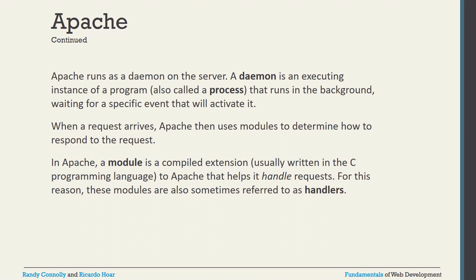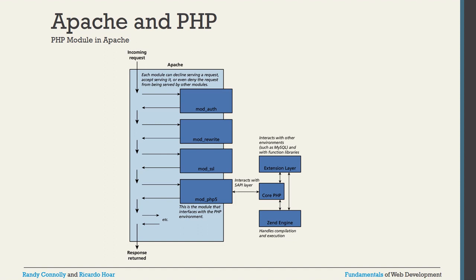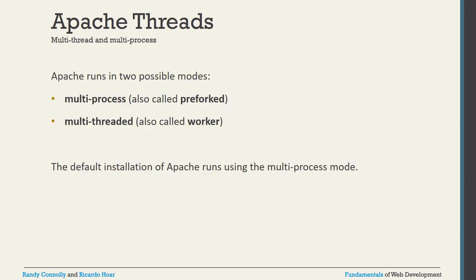When a request arrives, Apache uses its modules to determine how to respond to that request, and those modules are written in the C programming language for handling all of the requests. Sometimes we call these handlers. So the incoming request and the response returned go through different paths to manage the modules.